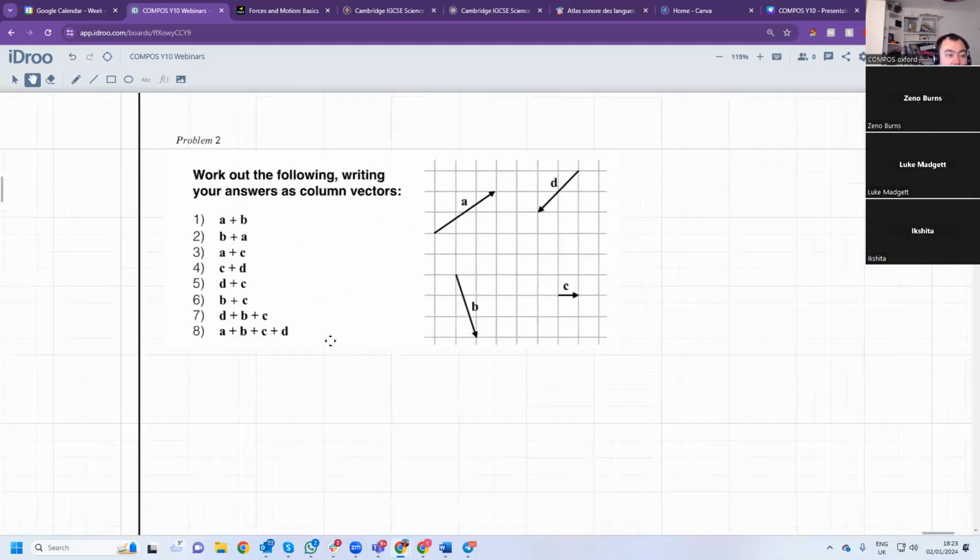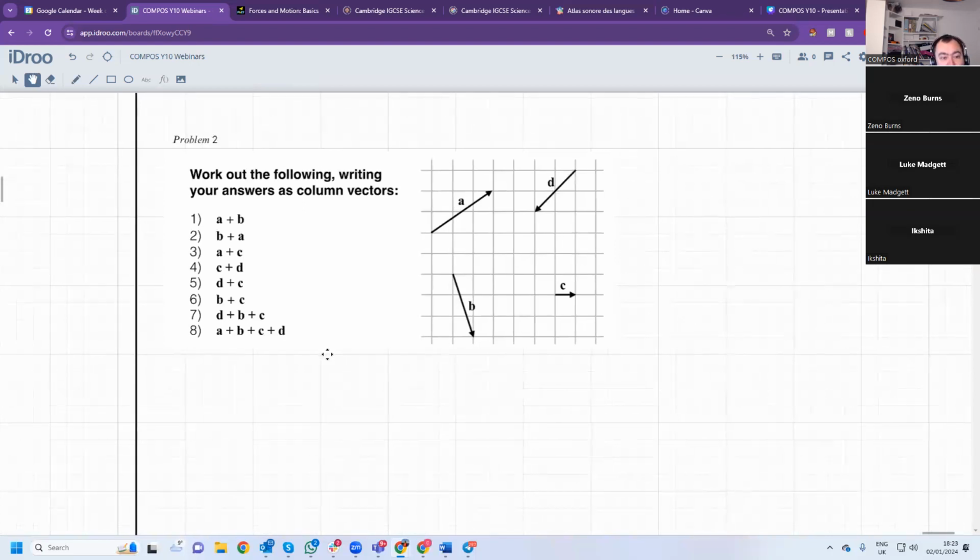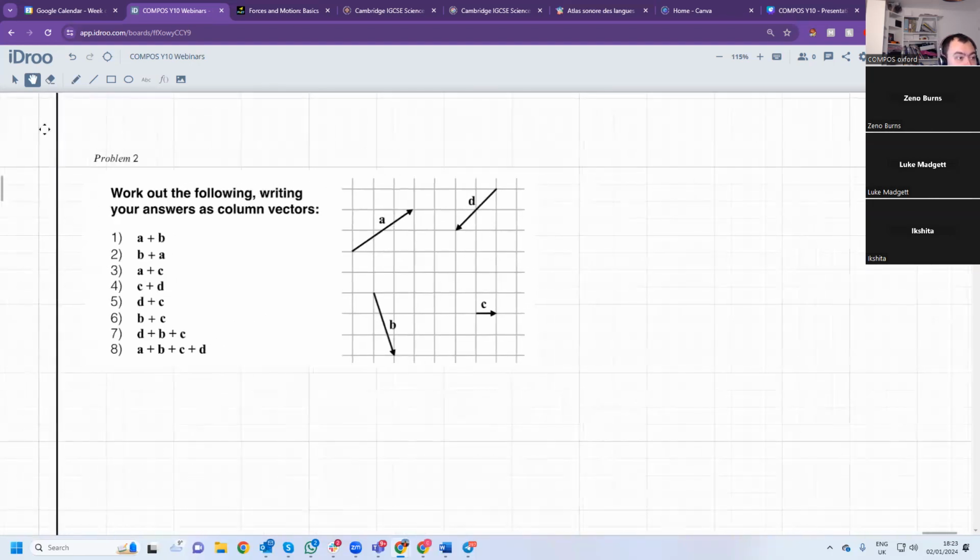Work out the following and write your answers as column vectors. I won't do all of them. I'll just do A plus B perhaps. So A plus B, I'm using the triangle rule here.